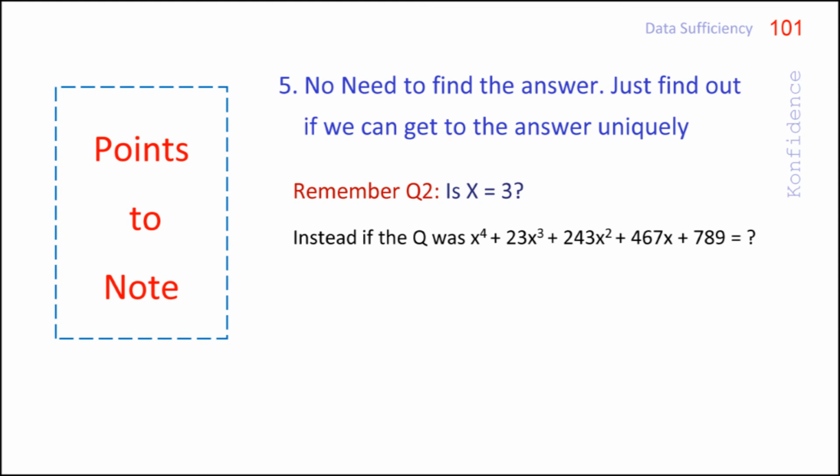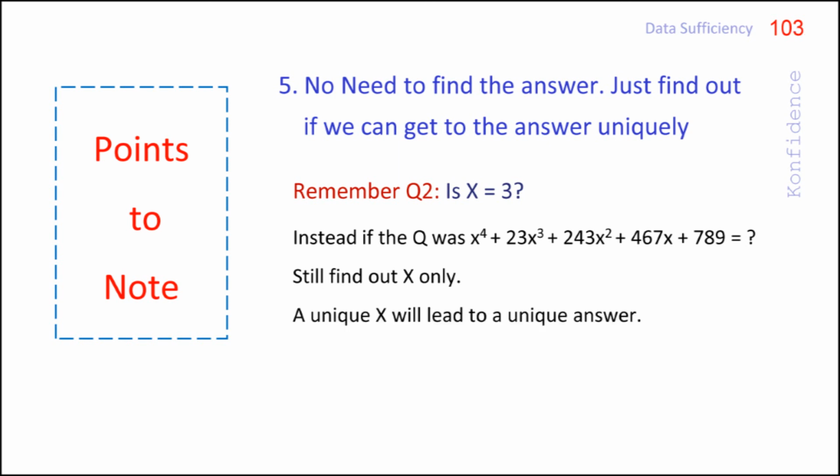If instead of that, the question was, what is x to the power 4 plus 23x cube plus 243x square plus 467x plus 789? Still, we need to find out the value of x only because the unique value of x will yield a unique value for the equation also. Hence, we need to just find x.